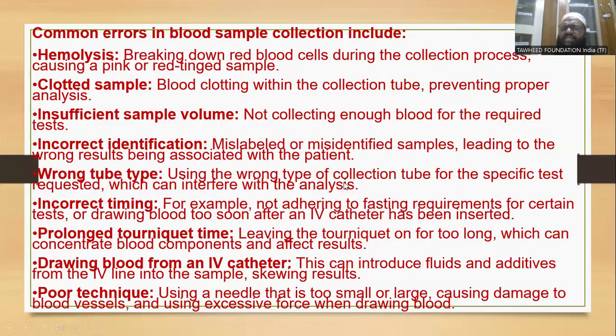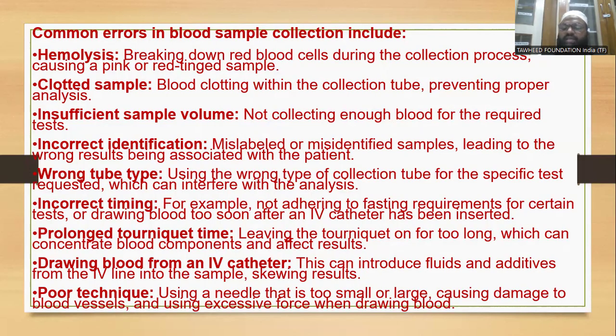Common errors in blood sample collection include hemolysis, the breaking down of red blood cells during the collection process, causing a pink or red tinged sample. Second is a clotted sample, blood clotting within the collection tube, preventing proper analysis. Others are insufficient sample volume, incorrect identification, wrong tube type, incorrect timing, prolonged tourniquet time, and drawing blood from an IV catheter.